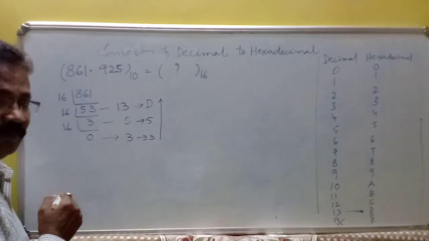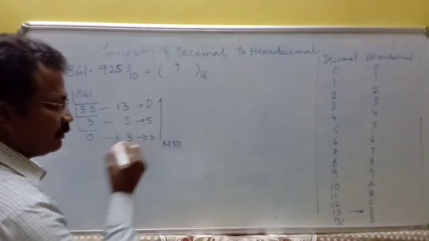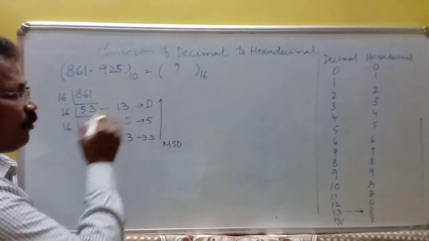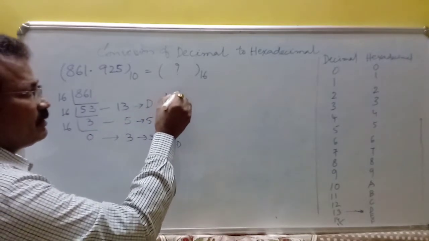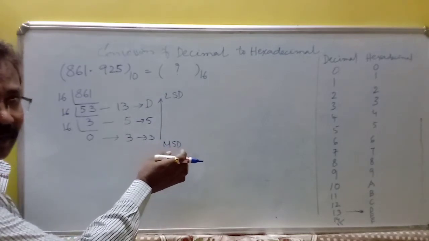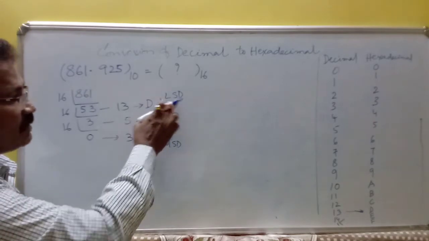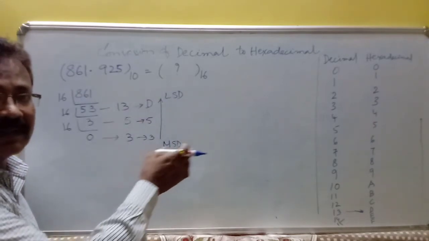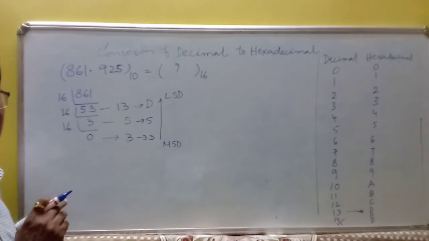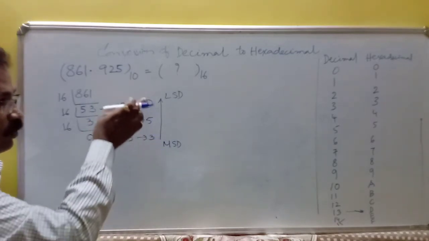This bottom remainder is taken as the most significant digit and this top one is taken as the least significant digit. The most significant digit is written at the left side of the number and the least significant digit at the right side. So you have to take all the remainders from bottom to top.